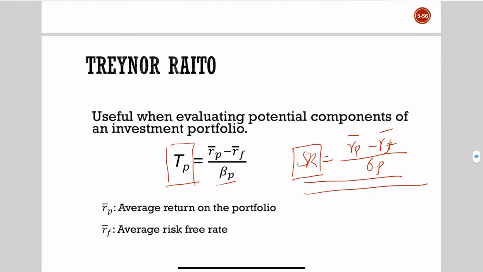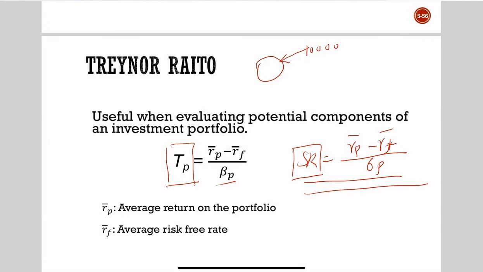So let's say you have $10,000 and you will put this $10,000 into a single portfolio, or you're building a large portfolio and you will use all your money to build this large portfolio.